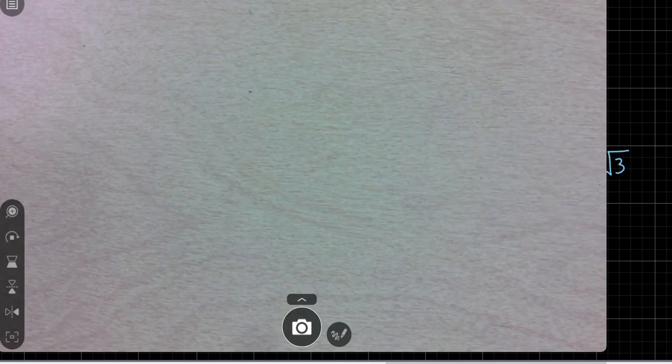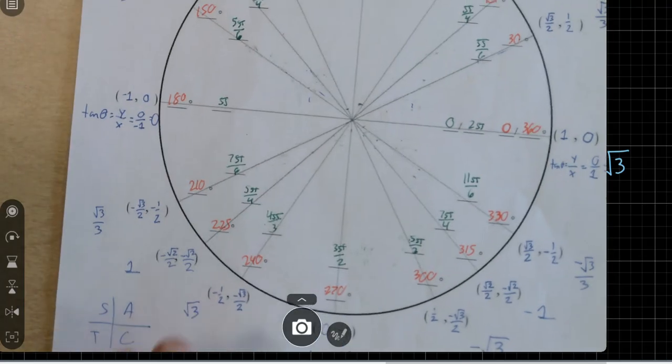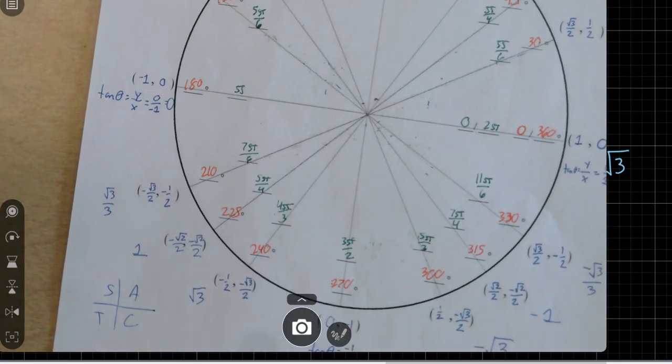Extra credit? If you get something wrong, it will boost up your grade. Guys, if you look up the word unit circle, you're going to see 1,000 images of it. It's always the same.